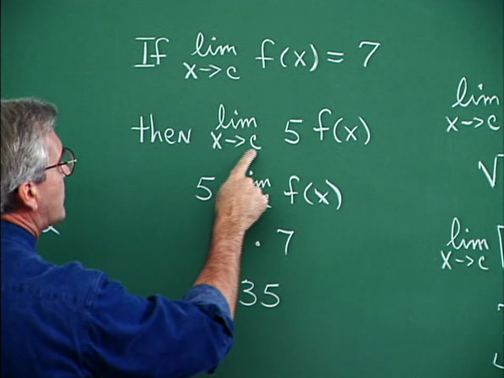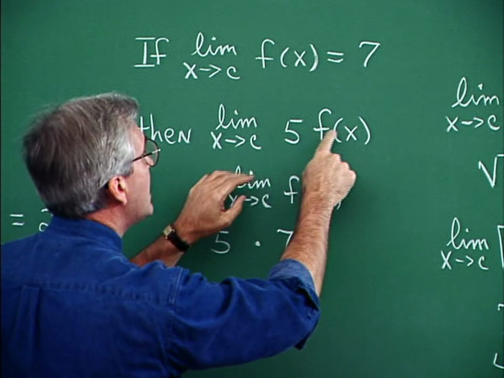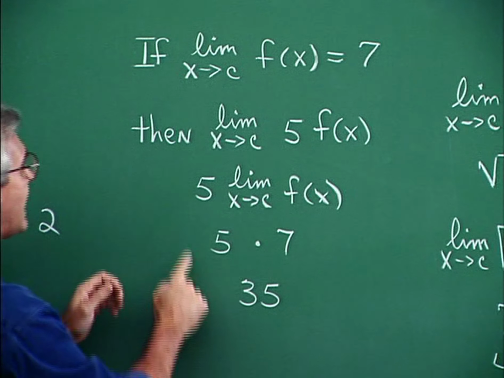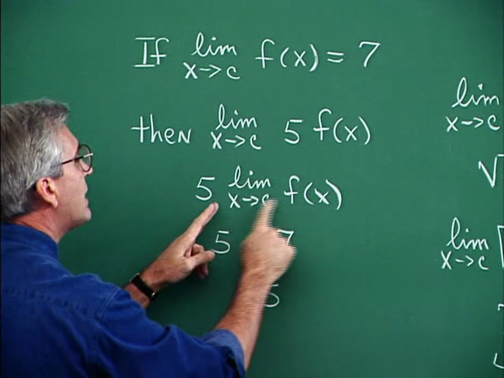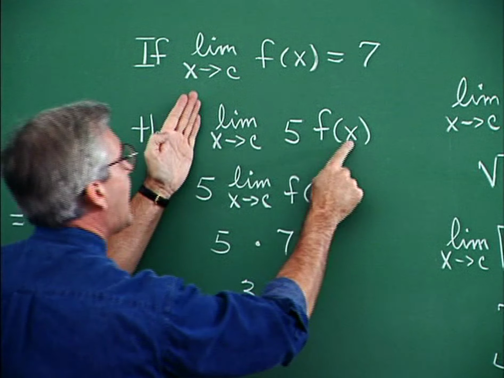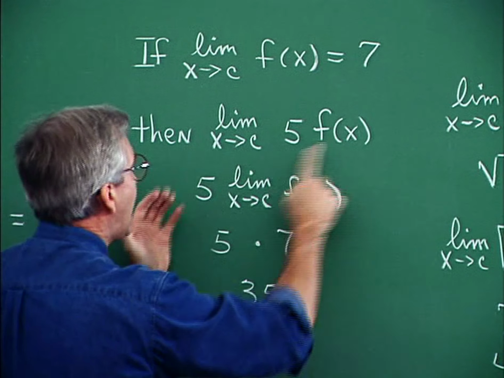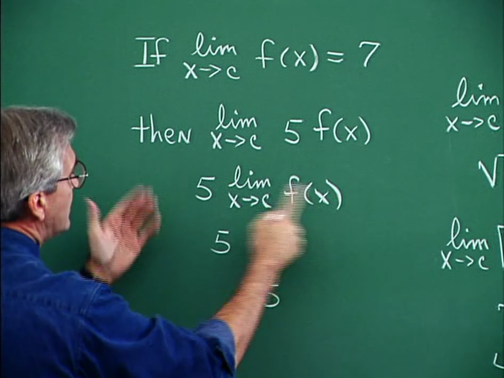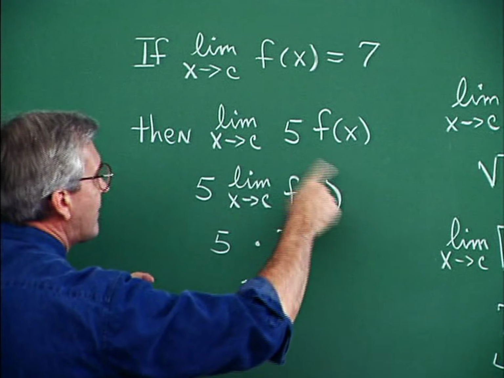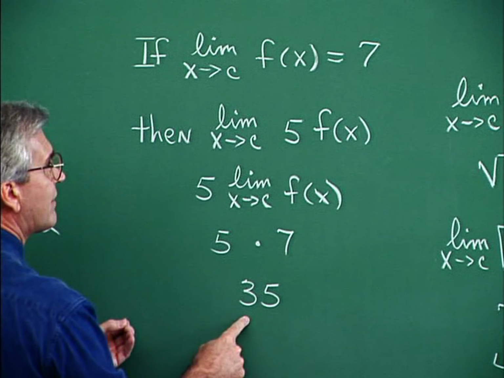The limit as x approaches c of 5 times f of x can be thought of as 5 times the limit of f of x. The limit idea applies to the f of x. And so we just have 5 times 7, which is 35.